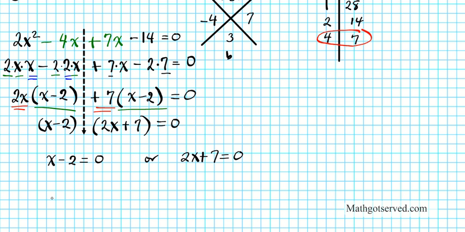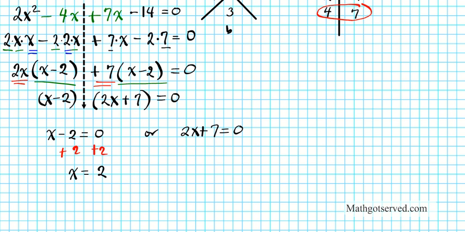To solve this, I'm going to add 2 to both sides. Add 2, add 2. And then you have x equals 2. And on the right side, I'm going to subtract 7 and divide by 2. So subtract 7. That will give you 2x equals negative 7.